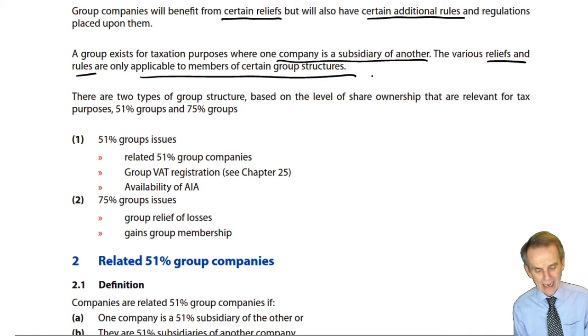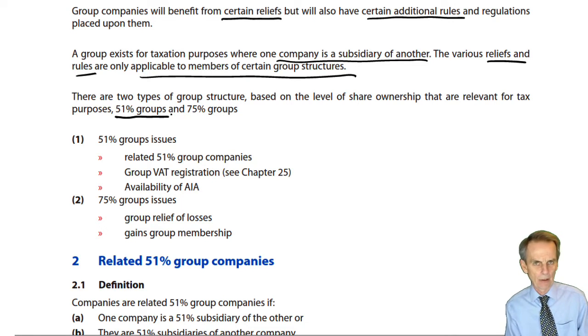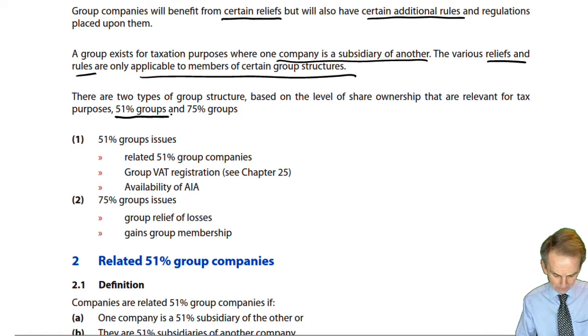We'll have our basic bare minimum in terms of a group for a group company, and that is we'll have a 51% group. By 51% we mean the shareholding by the parent of the subsidiary exceeds 50%, so it has control. This goes by the term here, 51% groups.